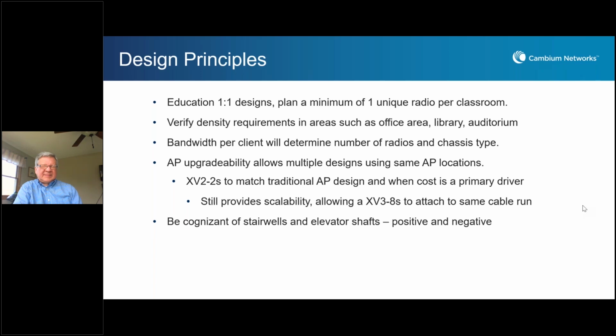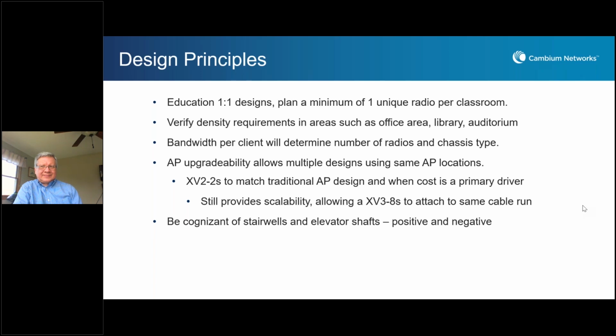And here's another thing: be cognizant of things that will attenuate the signal. Stairwells, elevator shafts, bathrooms, places like this. They will absolutely kill a signal, but that's not always a bad thing. You can use that to your advantage.